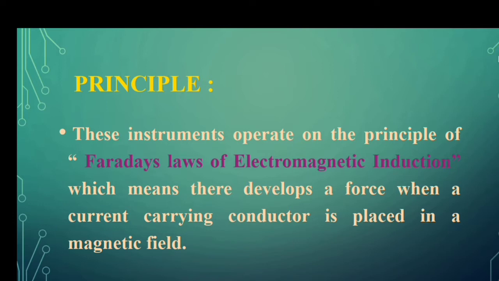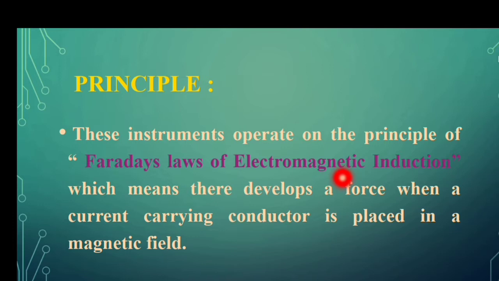Now we shall see the principle of operation of this instrument. Similar to all other types of instruments, these instruments also work on the principle of Faraday's laws of electromagnetic induction. What do you mean by Faraday's law? When we place a current carrying conductor in a magnetic field, a force develops which makes the current carrying conductor move from its initial position.